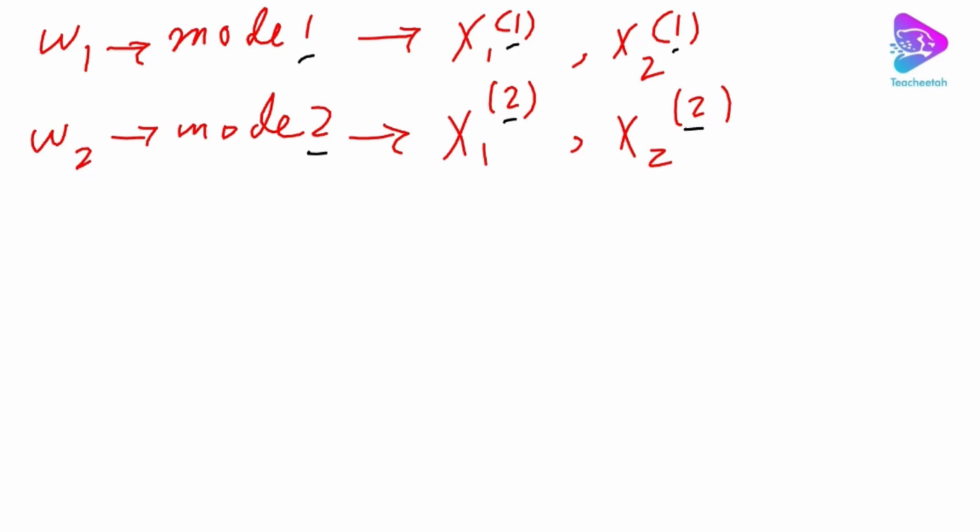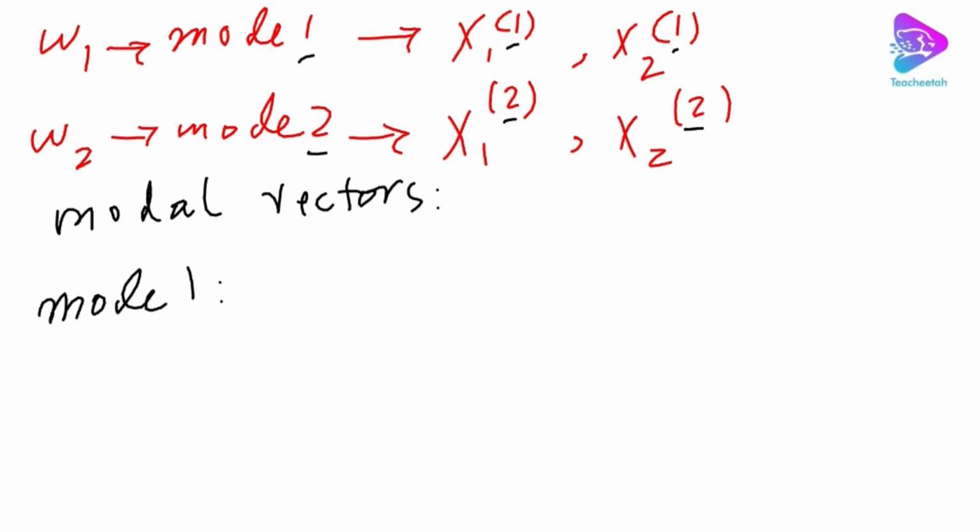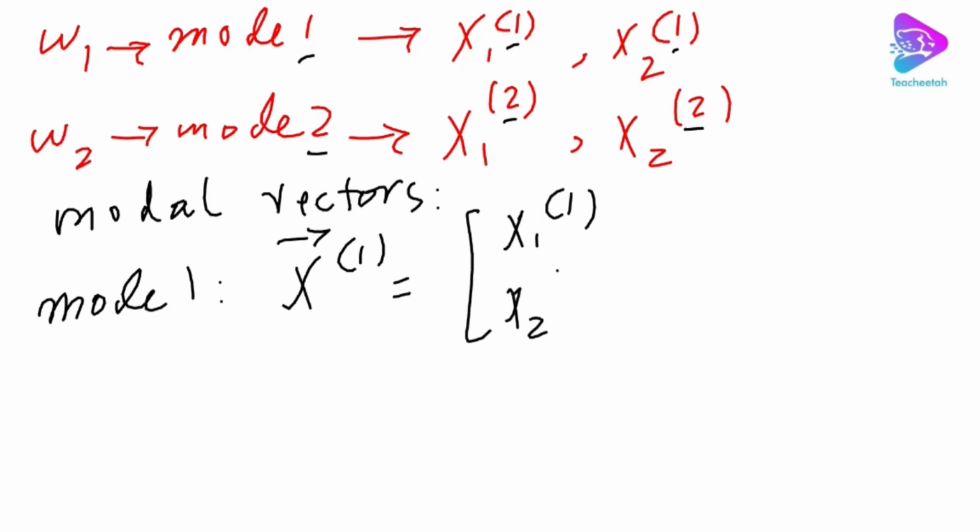In a vector representation, we have normal mode vectors, or modal vectors. For the first mode shape, for mode 1, we have x1 equal to x11 and x21. These are all amplitudes.